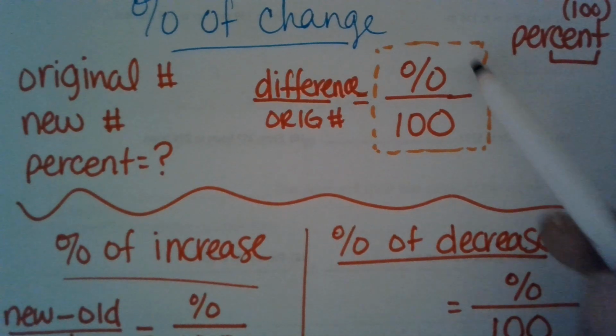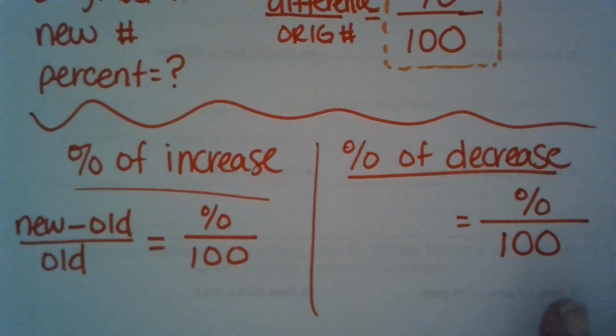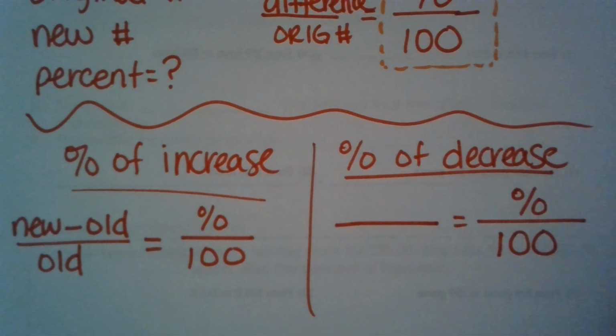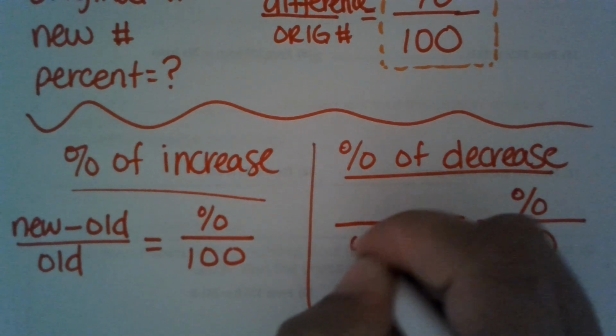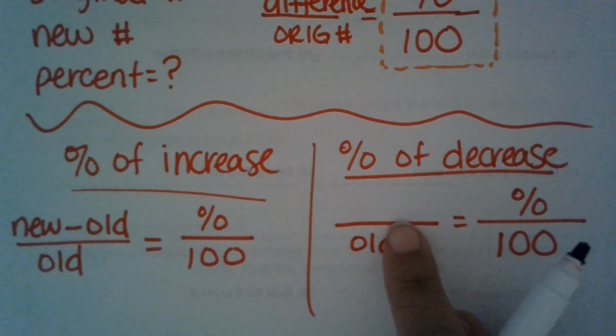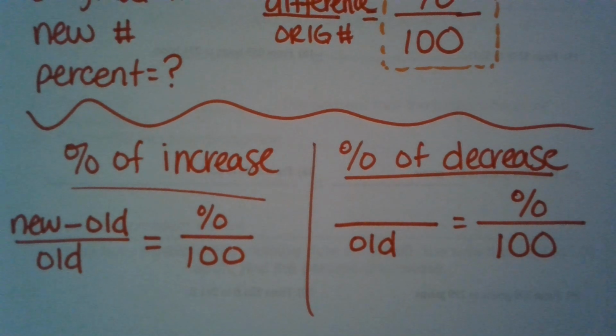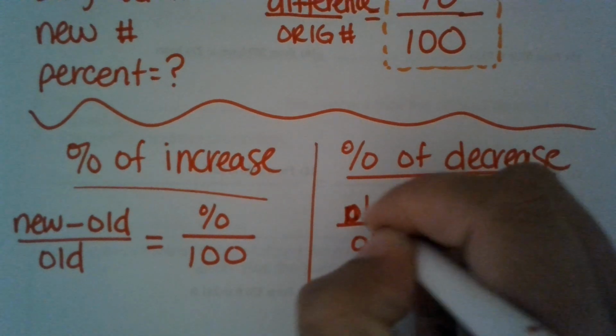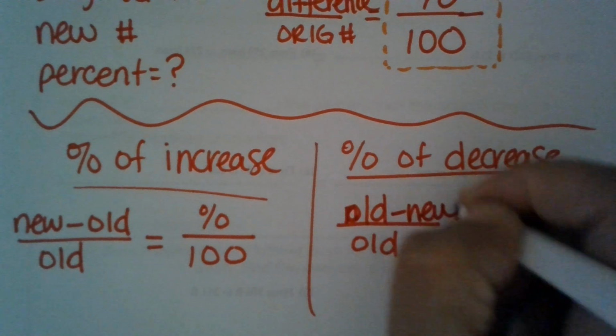I stated up here, this never changes. On the left ratio, the old or original is still in the denominator. However, if I'm starting from an old number and I'm going down, that means the old number is the bigger number this time. So I will have to take the old minus the new.